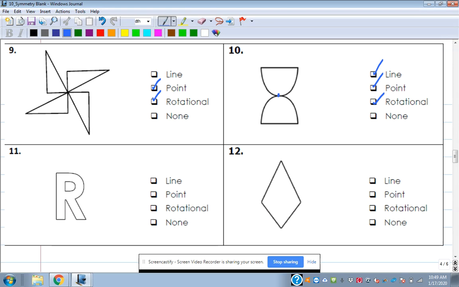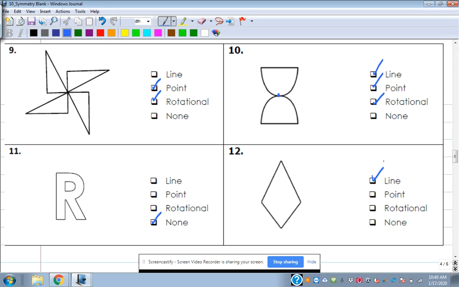11, letter R. None. It is none of them. Line for 12. Number 12 is line.